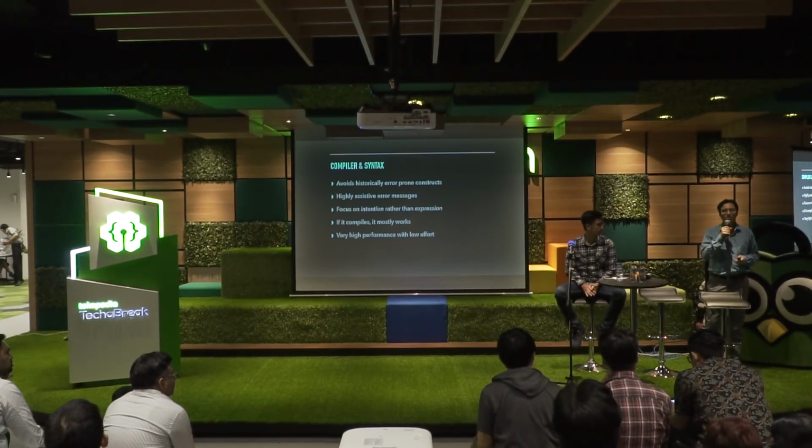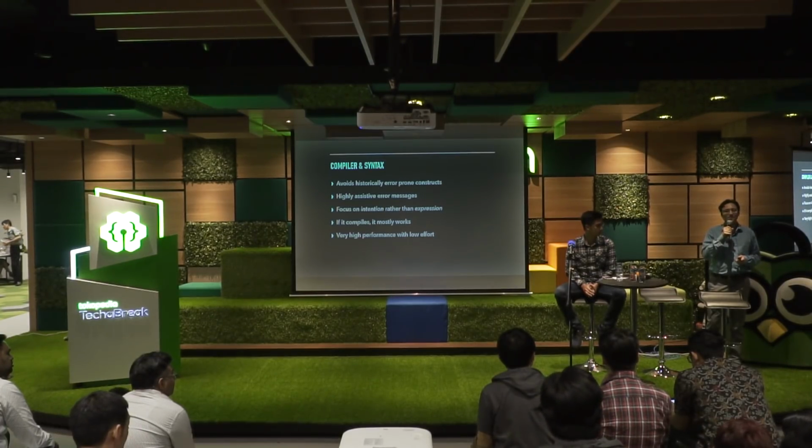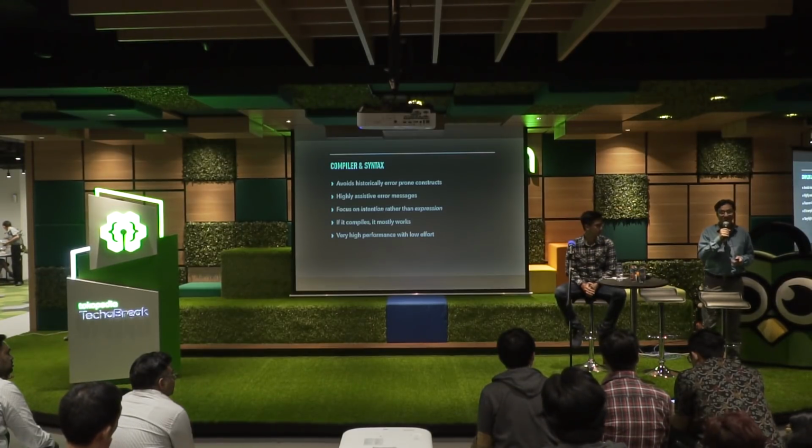The language syntax and conventions focus a lot on intention rather than expression. What I mean by that is, if you look at languages like, say, Perl or Scala, there are many operators or many different syntactic sugars to express something that you want to get done, which is not the case with Go, because while it is very nice to write those short operators or tricky things, it becomes very difficult for people to read that code later on.